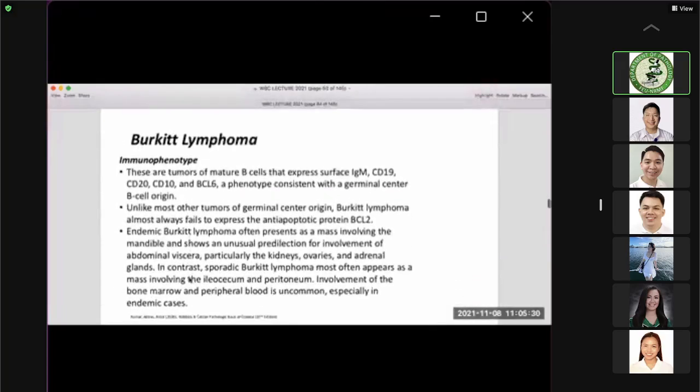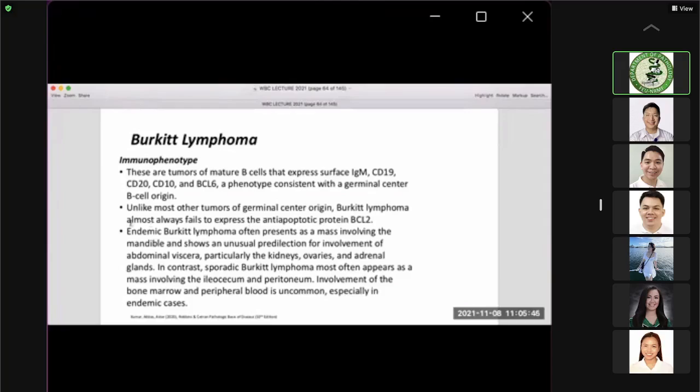Okay, so immunophenotyping is listed here. Just go through that and familiarize yourself. Burkitt lymphoma almost always fails to express the anti-apoptotic protein BCL2.